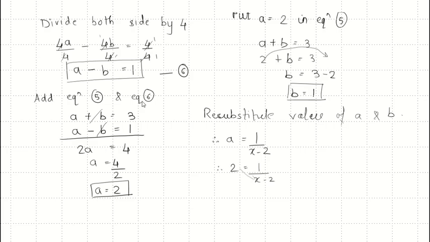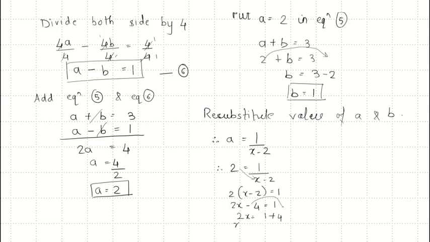Therefore, we will cross multiply this. So 2 into x minus 2 is equal to 1. Solve this now. 2 into x is 2x. 2 into minus 2 is minus 4 is equal to 1. Therefore, 2x is equal to 1 plus 4. This minus 4 comes to the right hand side. It becomes plus 4.